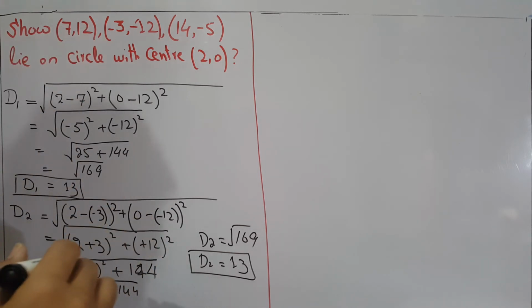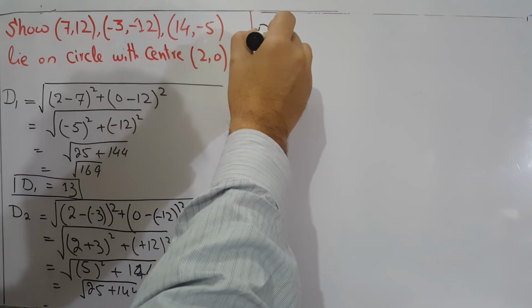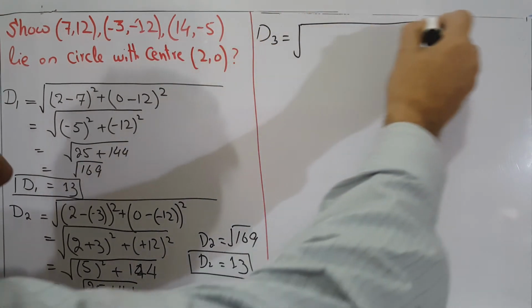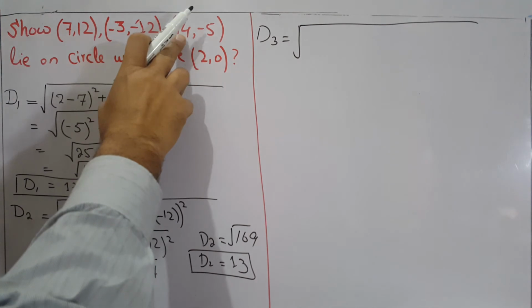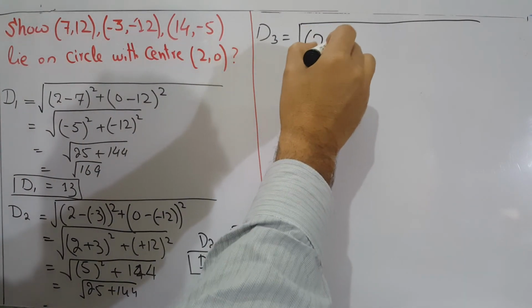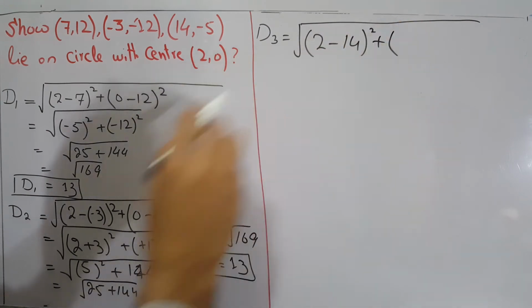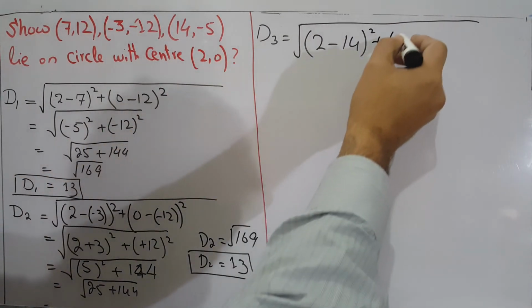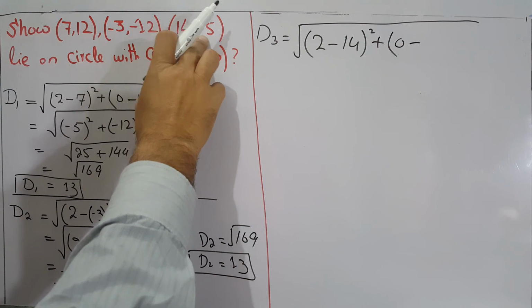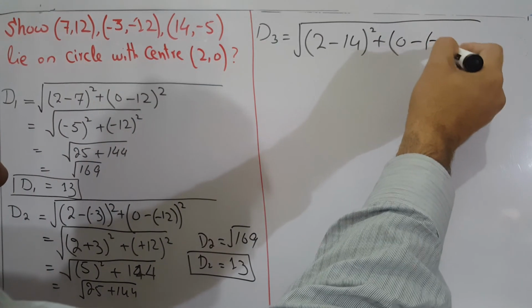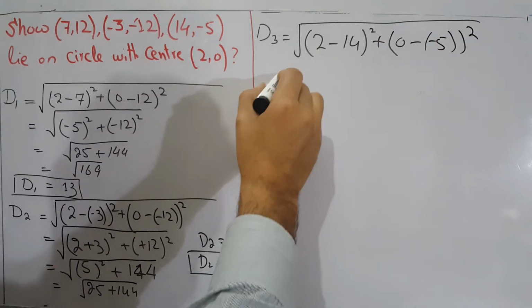Now you look for the third one. If we call this d3 and this the third point, then x2, which is 2, minus x1, which is 14, whole square, then y2 is 0 minus y1 is minus 5, whole square.